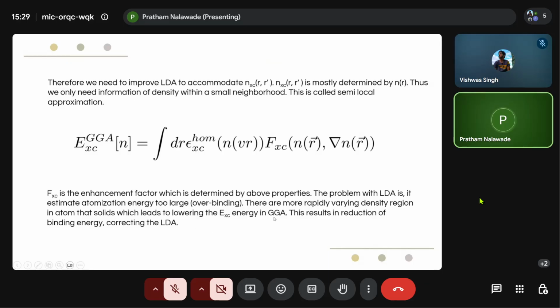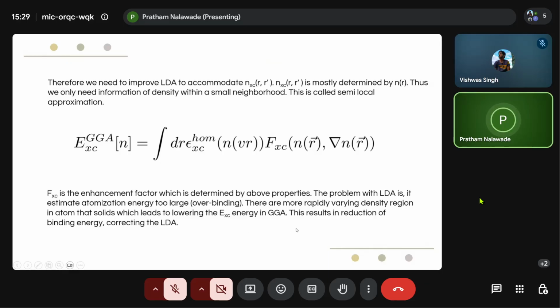I have written here that the problem with LDA is that it estimates atomization energy to be very large. So the problem of overbinding happens when you want to calculate the atomic energies. But for solids like sodium, potassium, these s orbital solids where the electron is completely delocalized, LDA works pretty good.